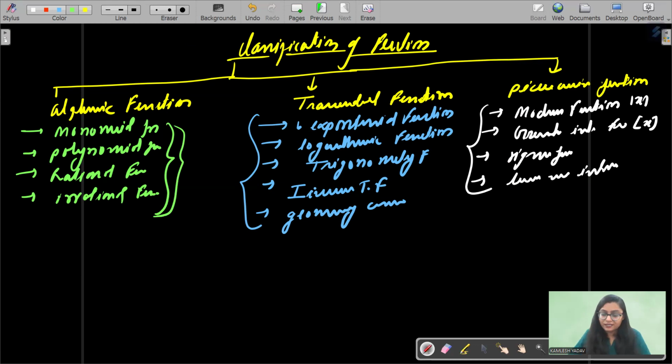So in today's class, we will discuss the algebraic function, transcendental function, and piecewise function one by one. So first we see the monomial function in algebraic function.